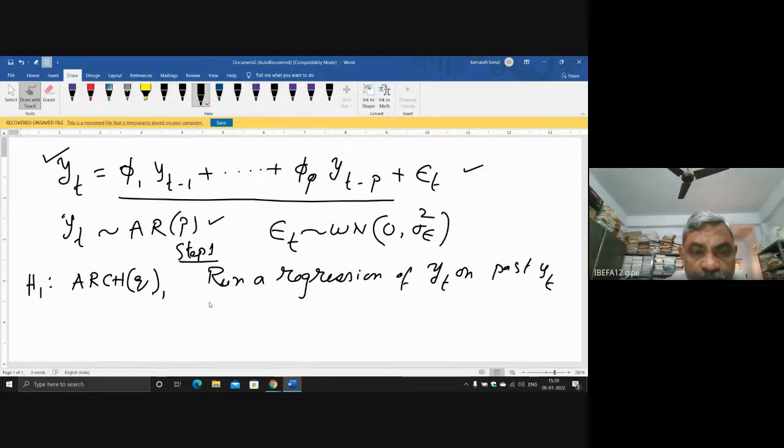From step 1, you get the output epsilon t hat. Extract epsilon t hat.